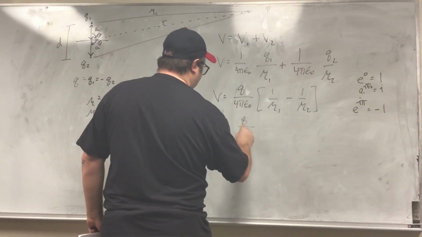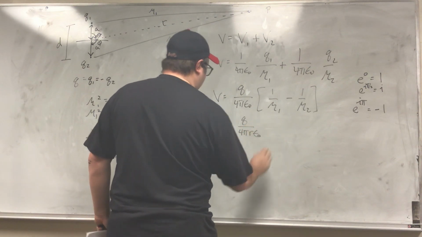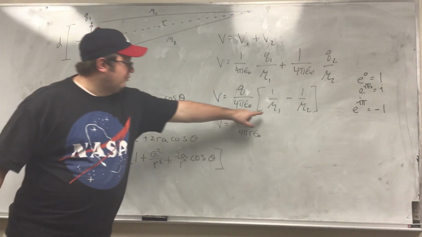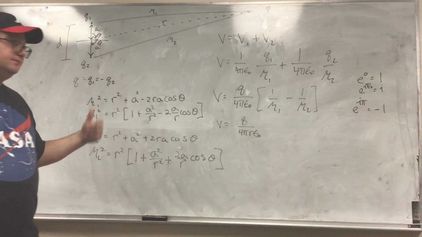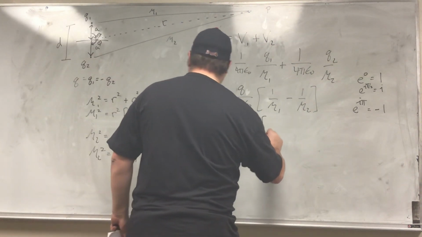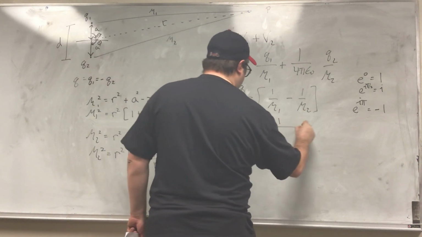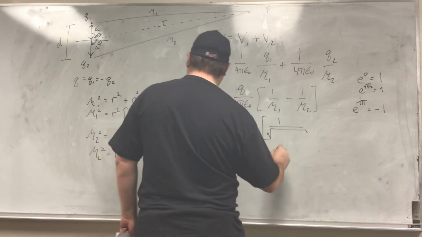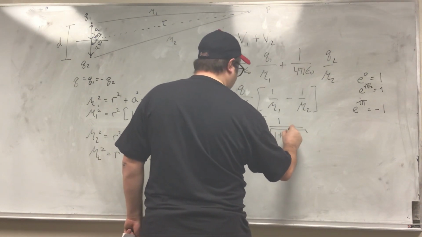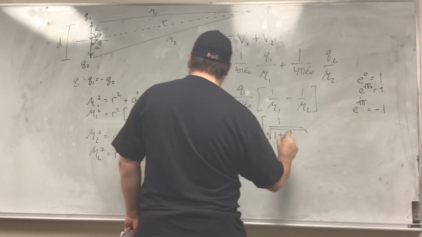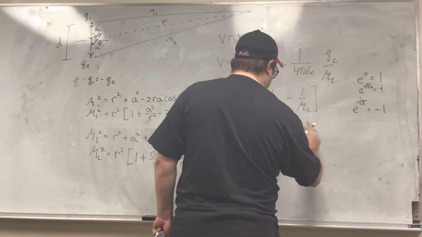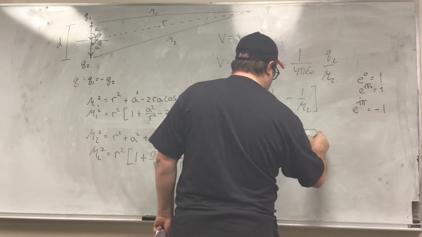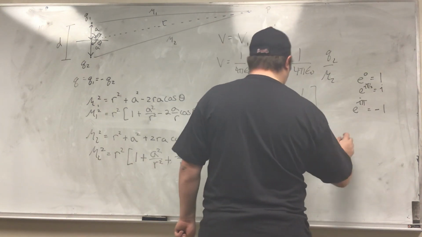Q over 4 pi r epsilon naught, because this is script r1 squared, so when I take the square root, I have 1 over the square root of 1 plus a squared over r squared minus 2a over r cosine theta, minus the same with the other term.